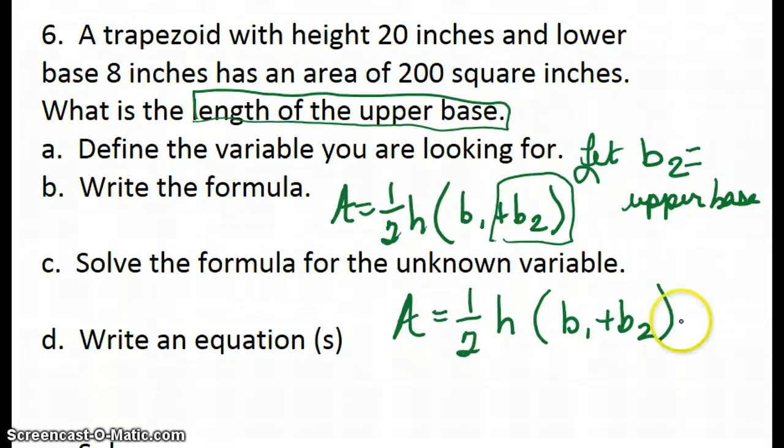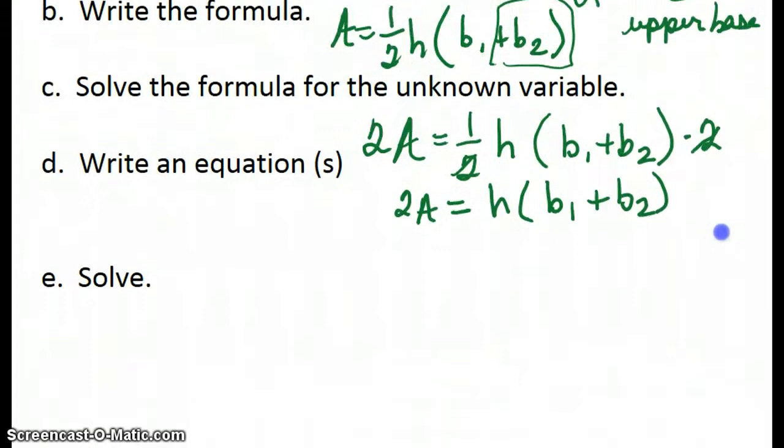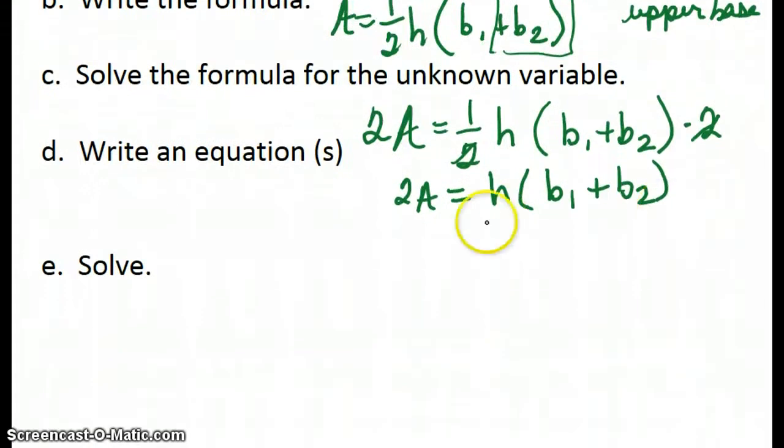Okay, so I'm going to multiply everything by 2. That's the inverse of 1/2. And so my area equals height times base 1 plus base 2. I don't know why I crossed that one off. Got excited about crossing things off. I'm going to divide both sides by h.